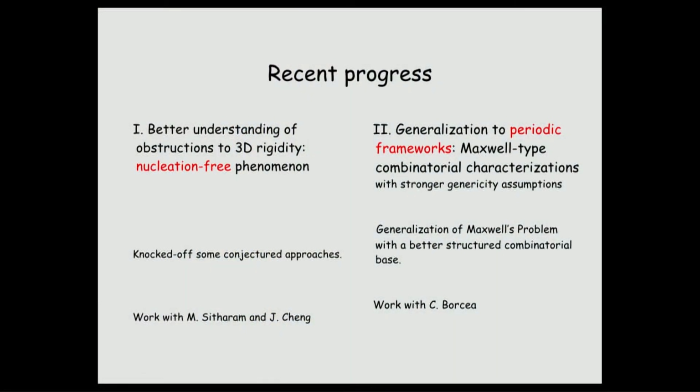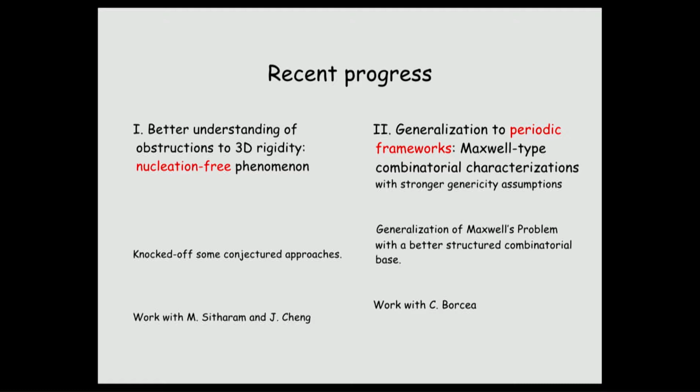Another approach is via the generalization to periodic frameworks. This is work with Ciprian, and we gave a Maxwell-type combinatorial characterization for periodic bar and joint graphs in arbitrary dimension. Hold on, this sounds too strong.